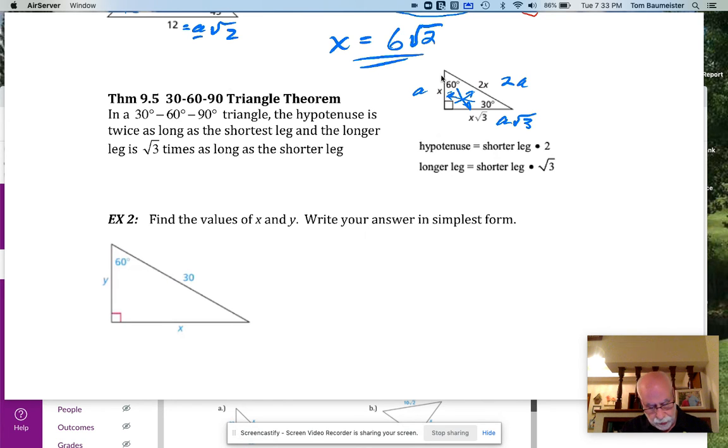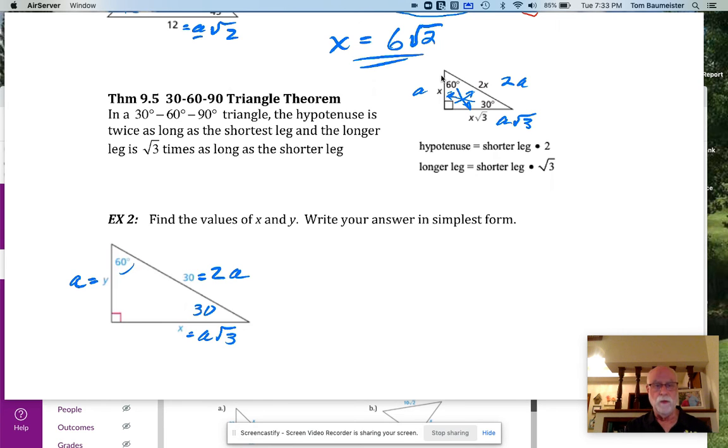They're telling me this one here is 60 degrees, so I know that this one here has to be 30 degrees. So if that's the case, it's a, it's 2a, and it's a times the square root of 3. Looking at that, which is the only one that has one variable? And you would tell me it's that one right there.